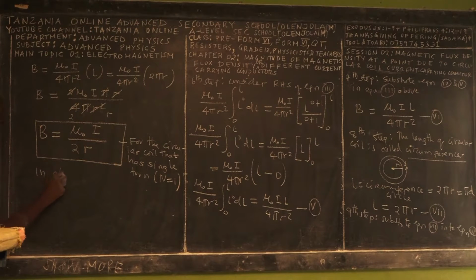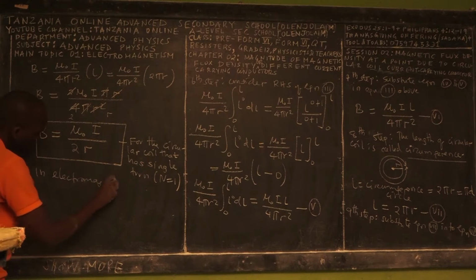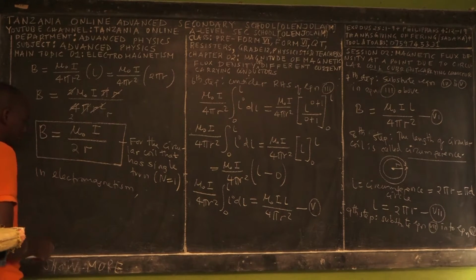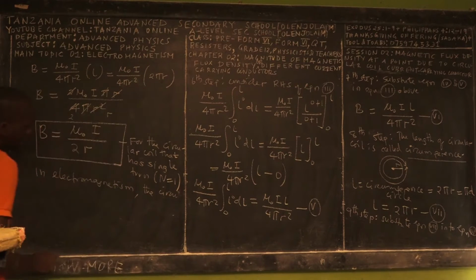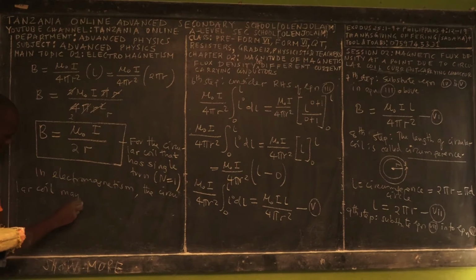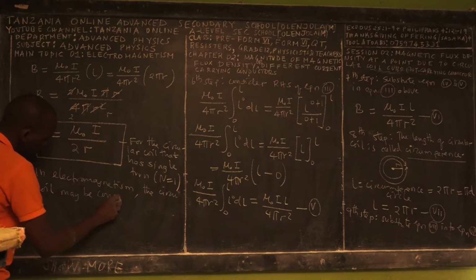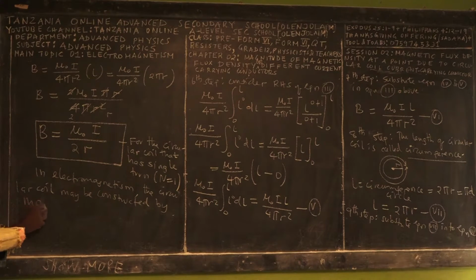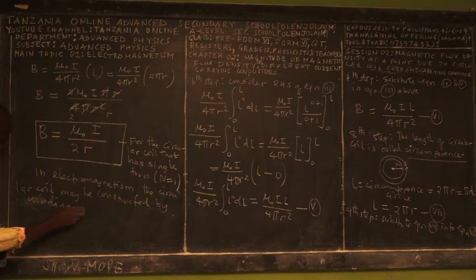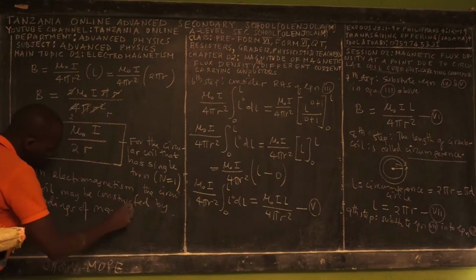So in electromagnetism, the circular coil may be constructed by windings of many turns.